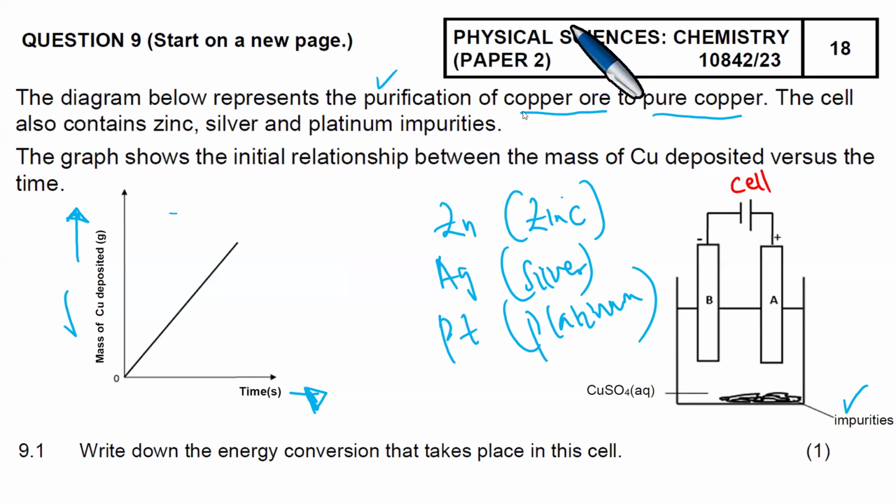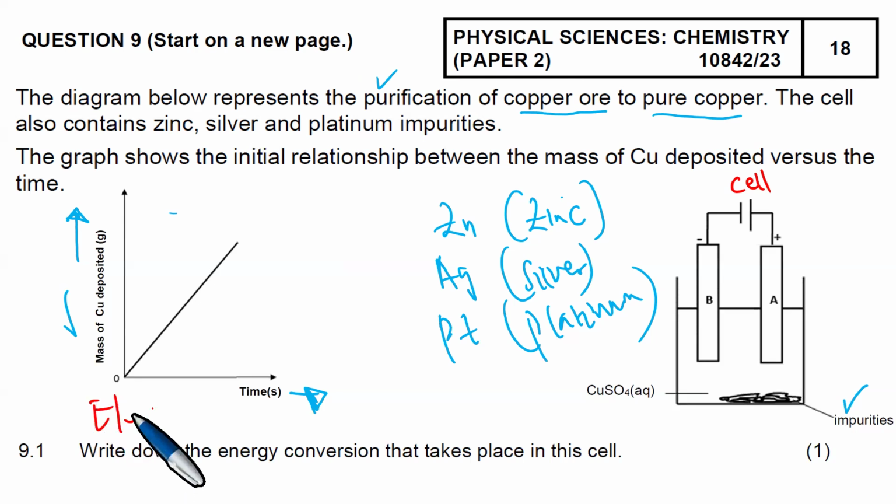Nombuso, write down the energy conversion that takes place in this cell, for 1 mark. Nombuso, what is the answer? Electrical energy is converted to chemical energy.